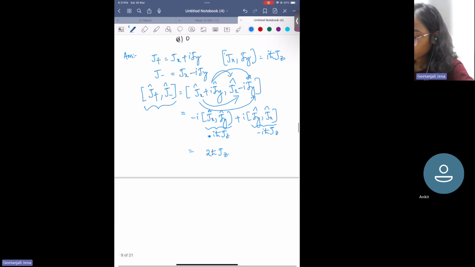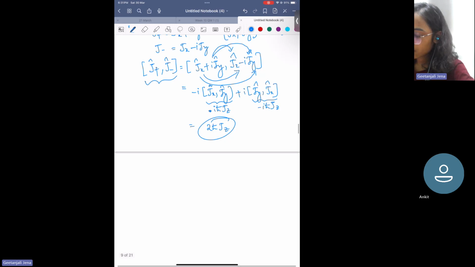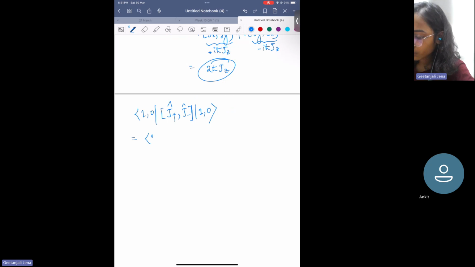So now we know the commutation relation for J plus and J minus. Now we can easily find the value of this expression: 1, 0, then 2ħ Jz, then 1, 0.